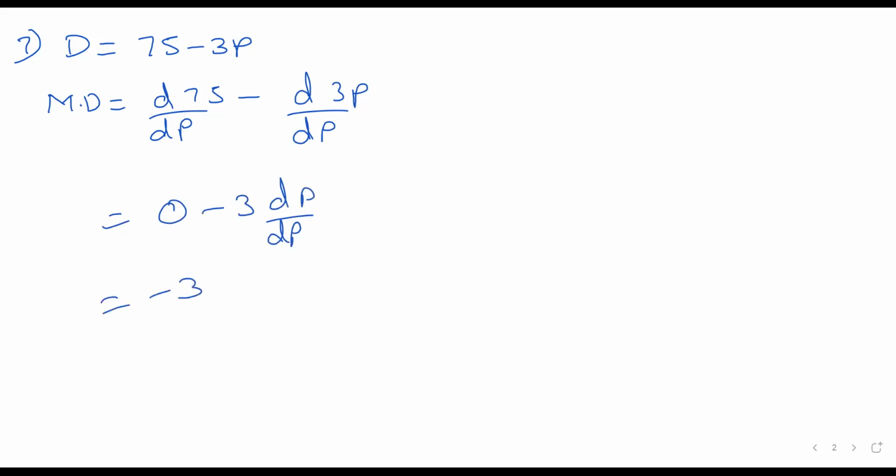What do they want? When p is 5, marginal demand is minus 3.